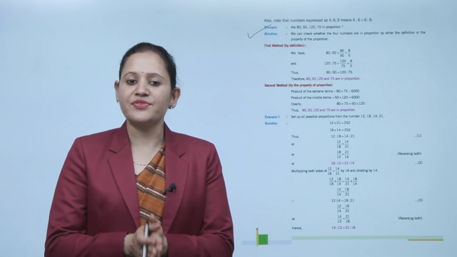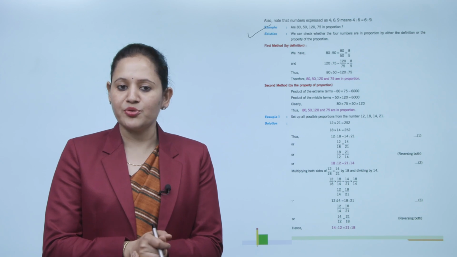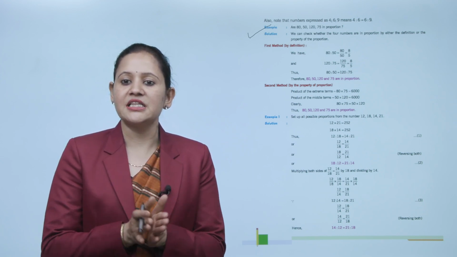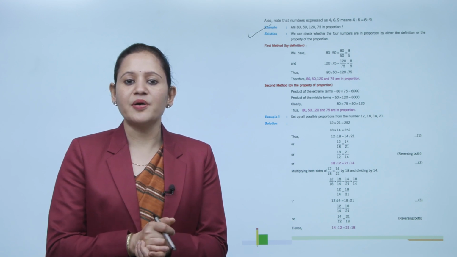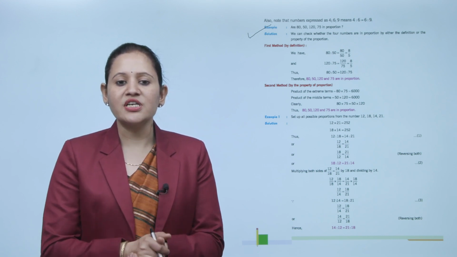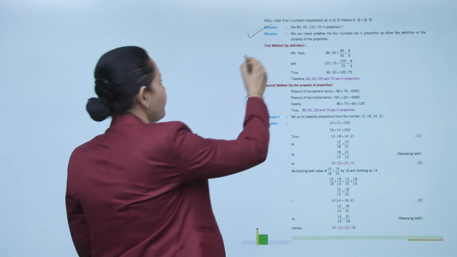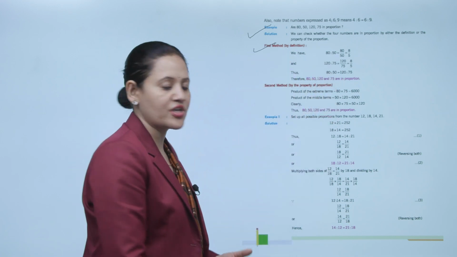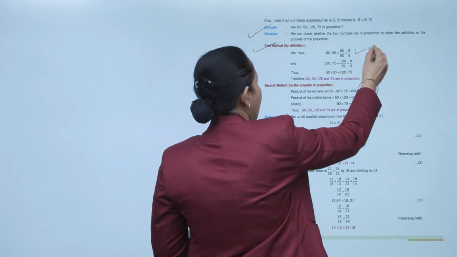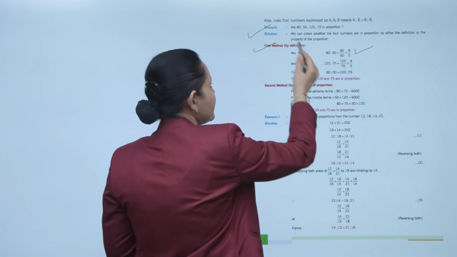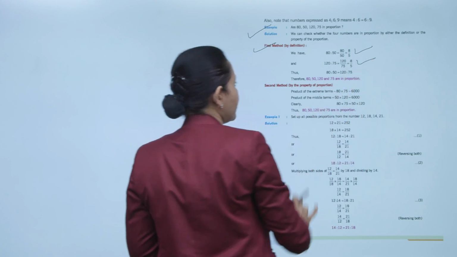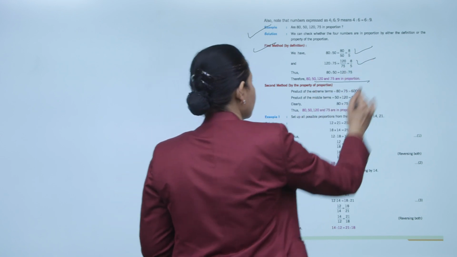Are 80, 50, 120 and 75 in proportion? We can check whether the 4 numbers are in proportion by either the definition or the property of proportion. So first method, by definition. So 80:50, we will check what ratio comes, 8:5, and 120:75, that is also 8/5, means they are in proportion.